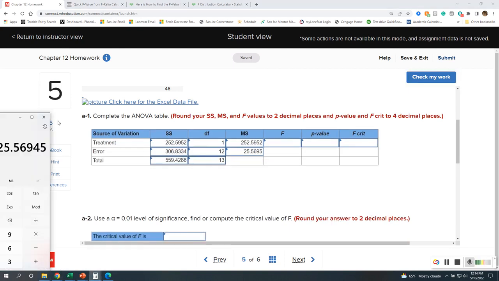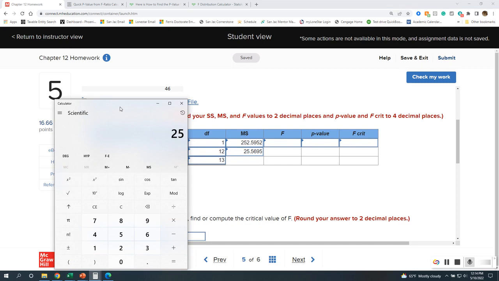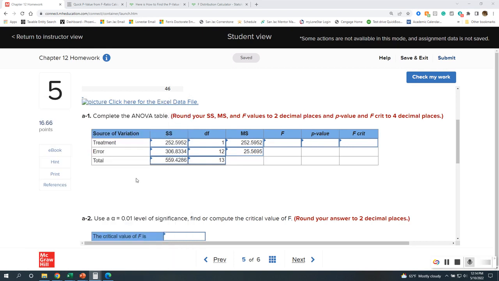Then our F statistic, 252.5952 divided by 25.5695. Our F statistic, looks like we do 2 decimal places, so 9.88. Oh, it does want 4. Okay.